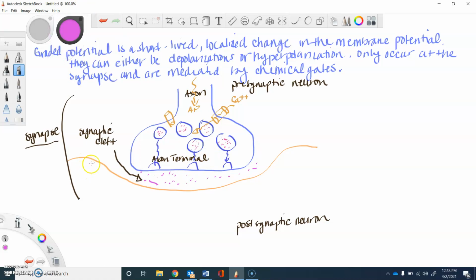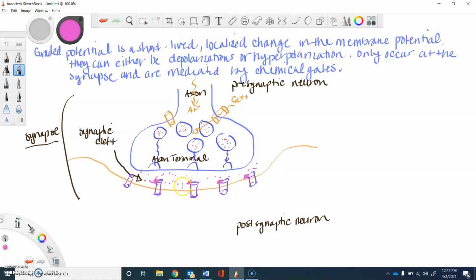On the postsynaptic membrane, you're going to find channels that are gated, and they're chemically gated channels, and they'll have receptor sites for this neurotransmitter. So the neurotransmitter is going to come over and it's going to bind to these things.